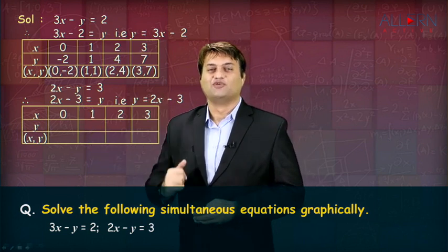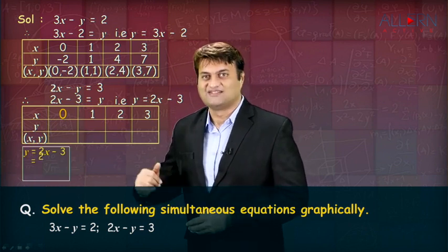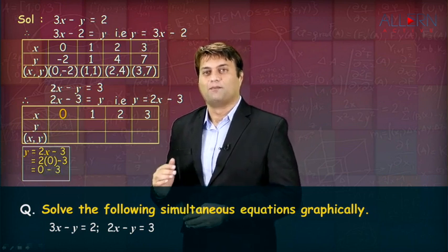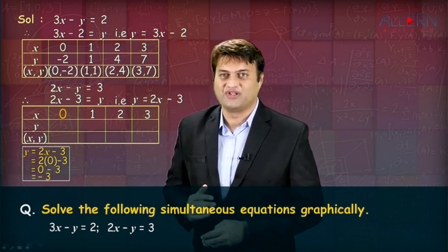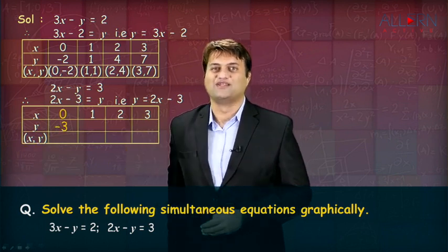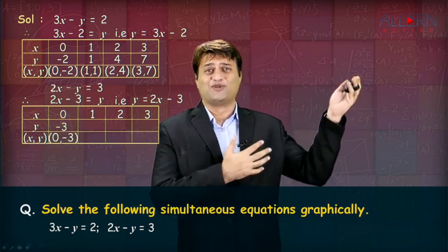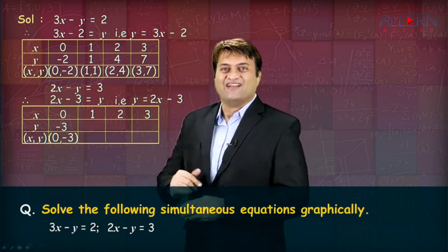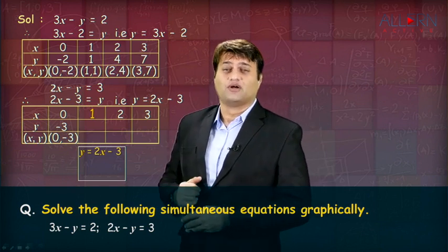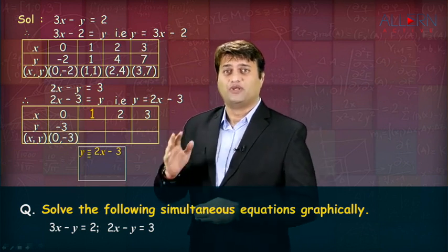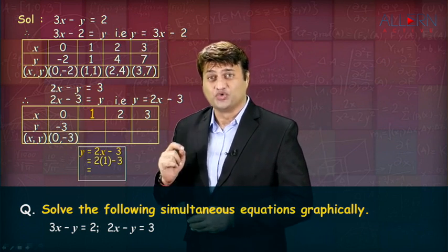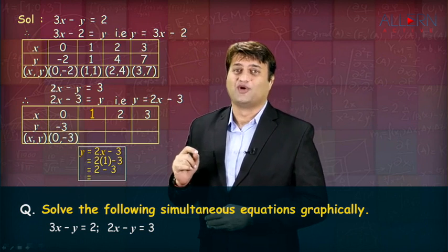Now, when x is equal to 0, y is equal to, let us see the calculation, 2 into 0 minus 3, that is 0 minus 3, that is minus 3. So, when x is equal to 0, y is equal to minus 3, the point is 0 comma minus 3, which is easily plottable on the graph paper, right. When x is equal to 1, let us substitute in the equation. We get y is equal to 2 into 1 minus 3, that is 2 minus 3, that is equal to minus 1.